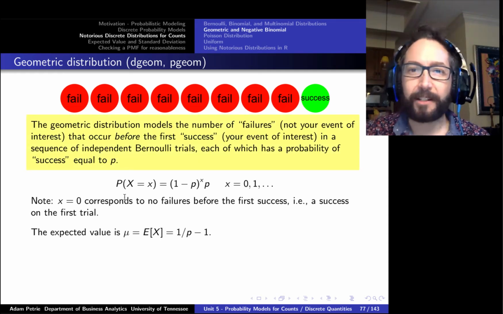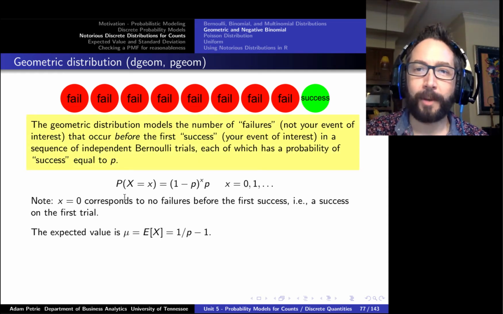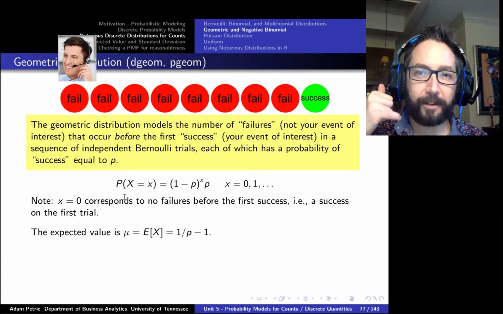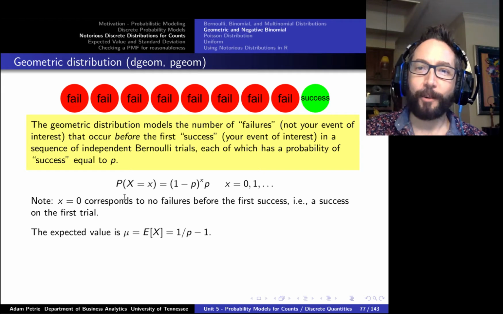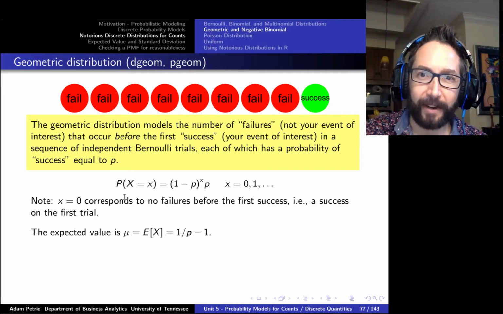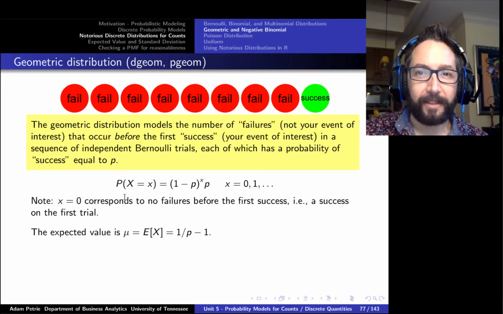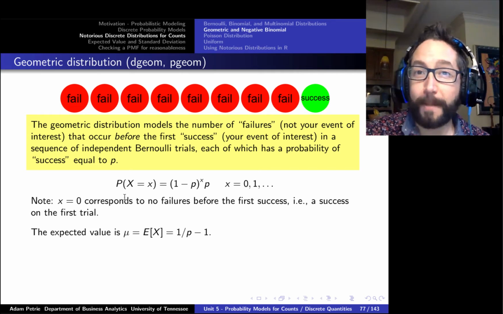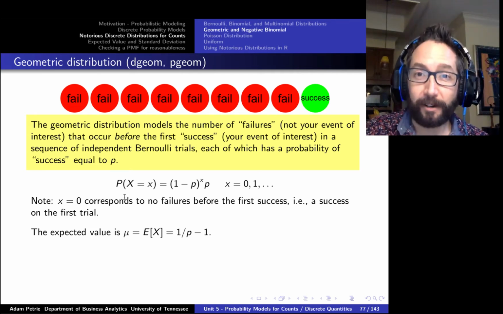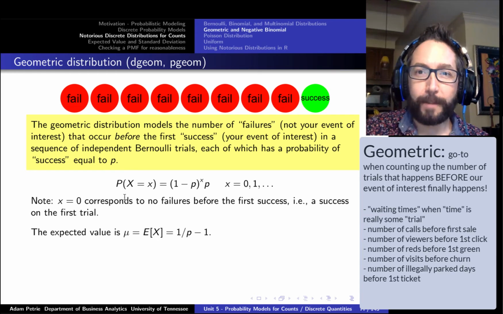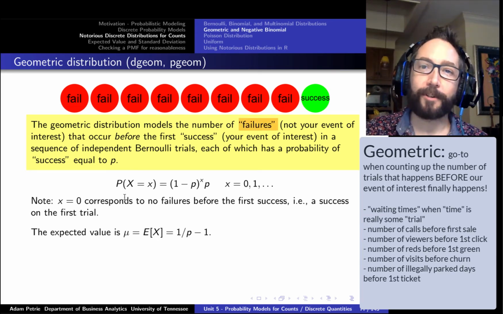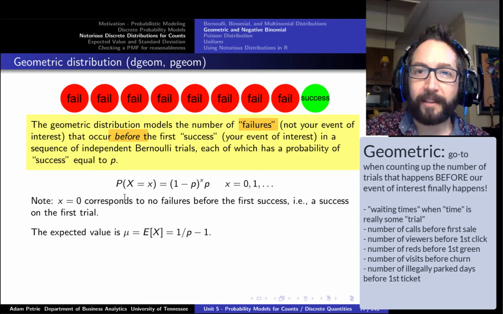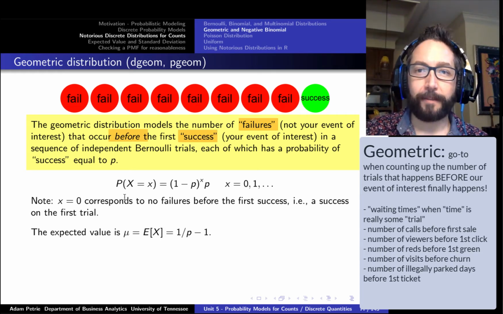We talked about this with the telemarketer example. The telemarketer is calling up a customer again and again, and we were interested in knowing when that telemarketer is finally going to make a sale. This notorious distribution, the geometric distribution, would be our go-to in this case. The geometric distribution counts up the number of failures in a sequence of Bernoulli trials before that very first success.